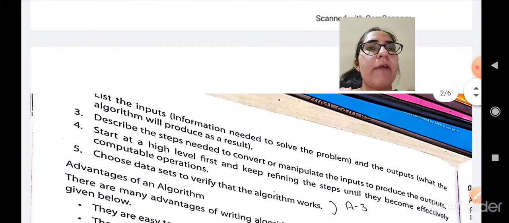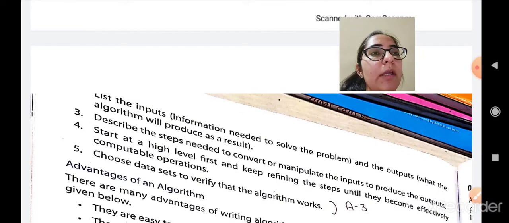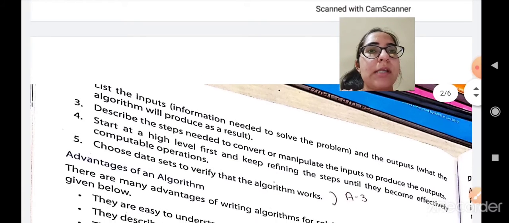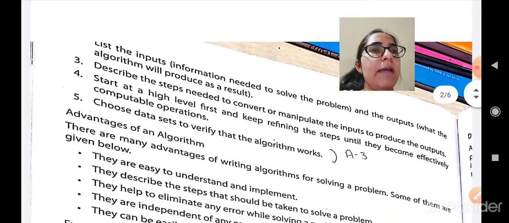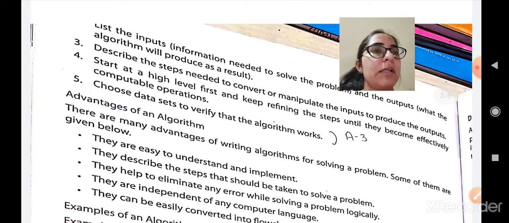After that you have to list the inputs and the outputs. What are you giving to solve the problem and what result will you get? The third step is to describe the steps needed to convert and manipulate the input to produce the output. The fourth step is to start at a high level first and keep refining the steps until they become effectively computable operations.